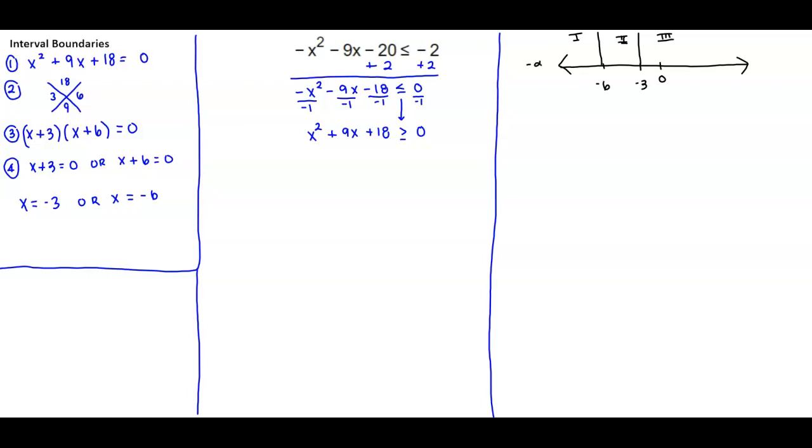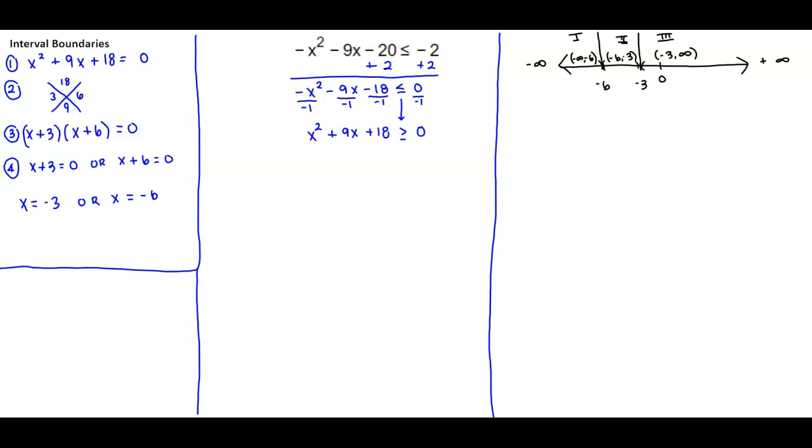Remember, on the left side it's negative infinity, on the right side it's positive infinity. So interval 1 goes from negative infinity to negative 6. Interval 2 goes from negative 6 to negative 3. And then interval 3 goes from negative 3 to positive infinity.